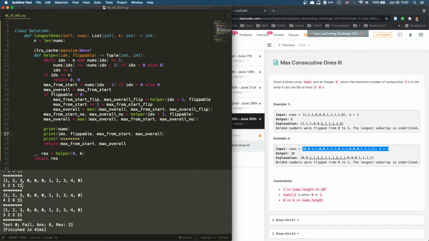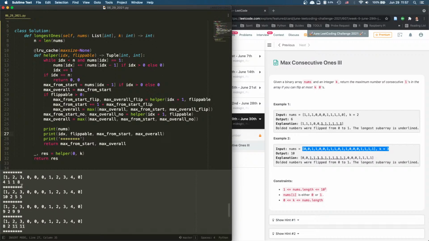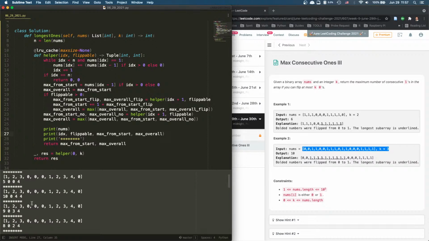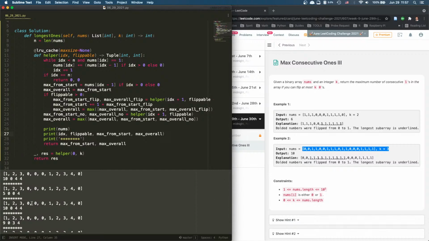But then we have this 11. Where does this 11 come from? I have 9 or 8. And why did we call this one again? 10, 0, 4. We already did that. Isn't 10, 0 already done? Why would I call it again?